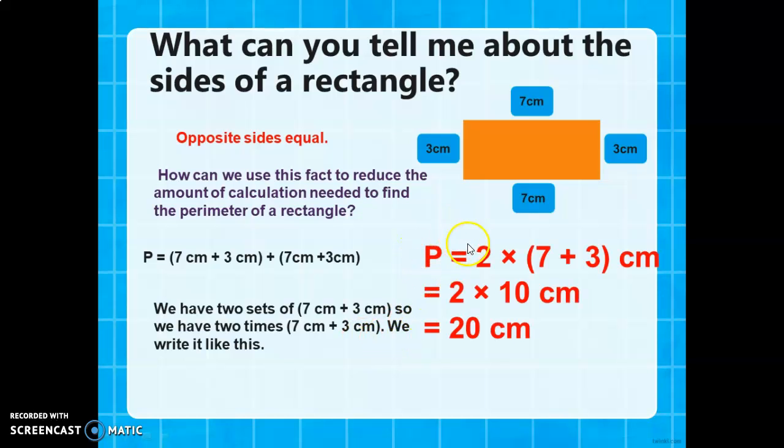So the perimeter equals 2 multiplied by 7 plus 3, which is 2 multiplied by 10. We know that 7 plus 3 is 10. 2 multiplied by 10 then equals 20.